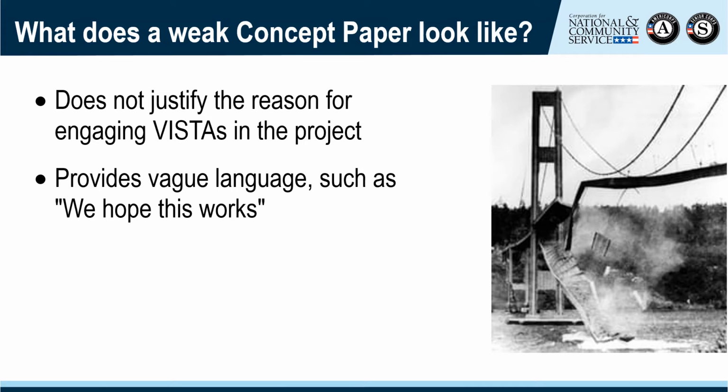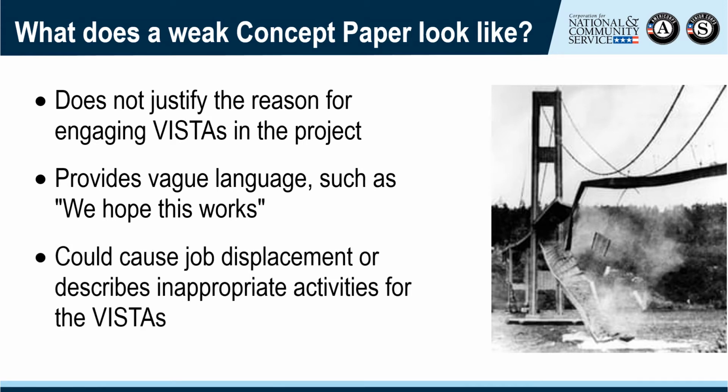Instead, it offers only vague language along the lines of, "We hope this works." And finally, a concept paper that proposes a project that could cause job displacement by having VISTAs supplant staff of the organization, or that includes inappropriate activities for the VISTAs, could be grounds to reject it.